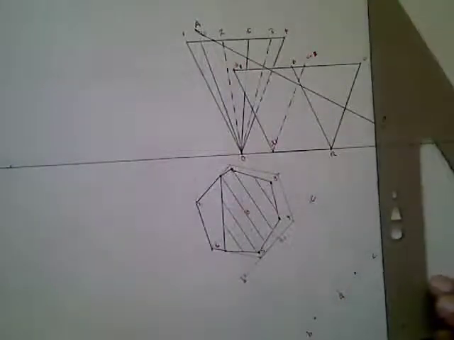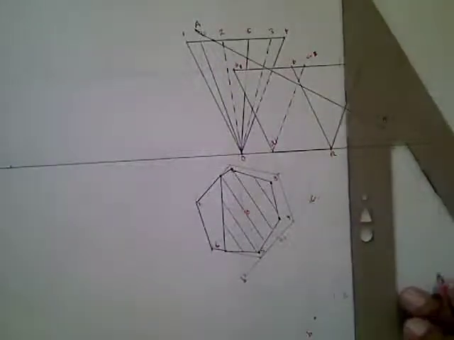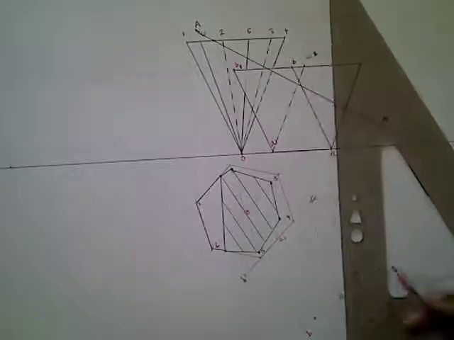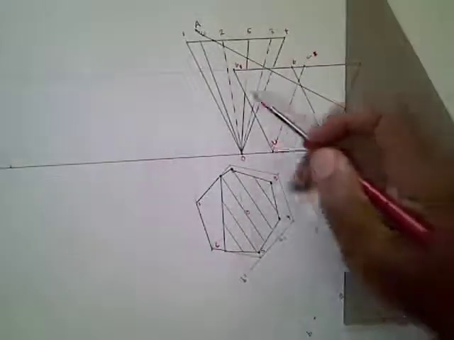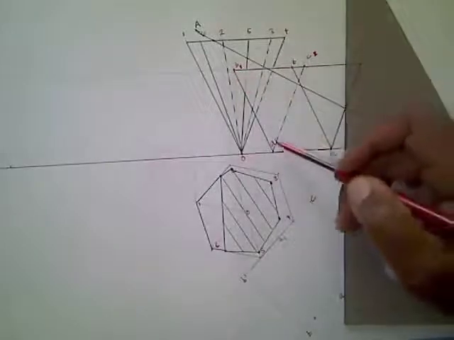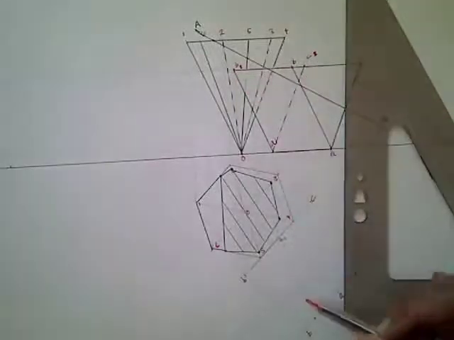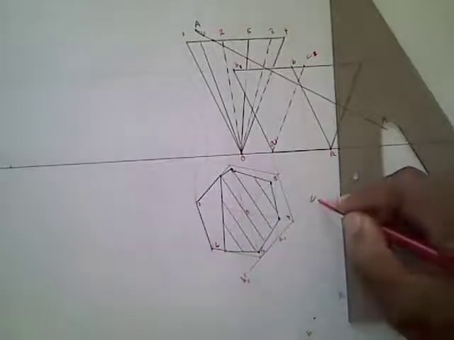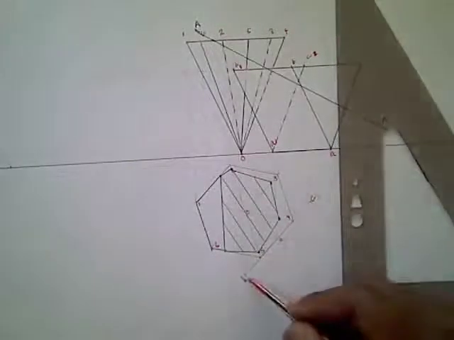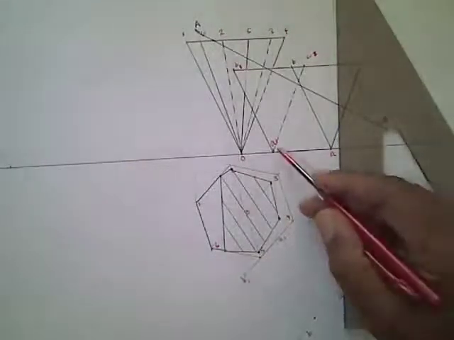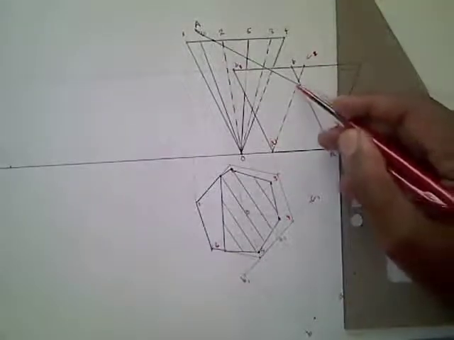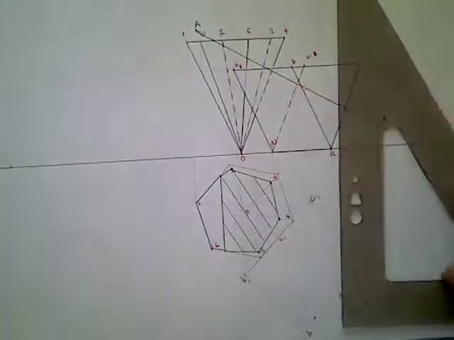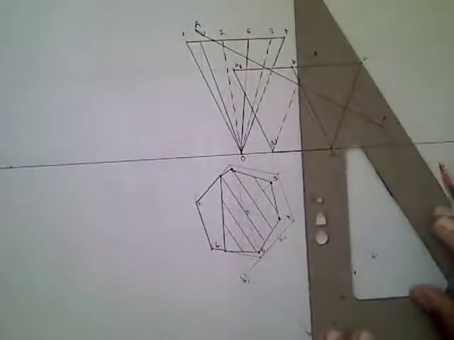Let's do it from A. In this triangle A1, B1, C1, from A1 to B1, there's no cut.